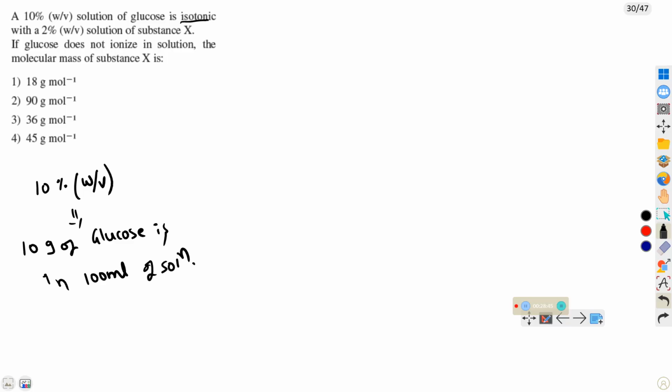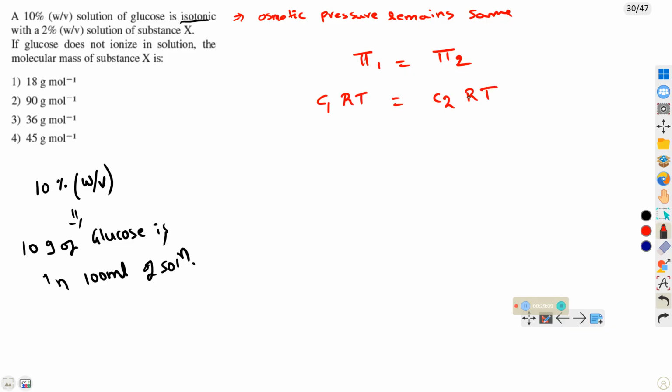Isotonic means osmotic pressure remains the same. That means pi 1 is equal to pi 2. Pi is equal to CRT, so C1 RT is equal to C2 RT. C1 is equal to C2.